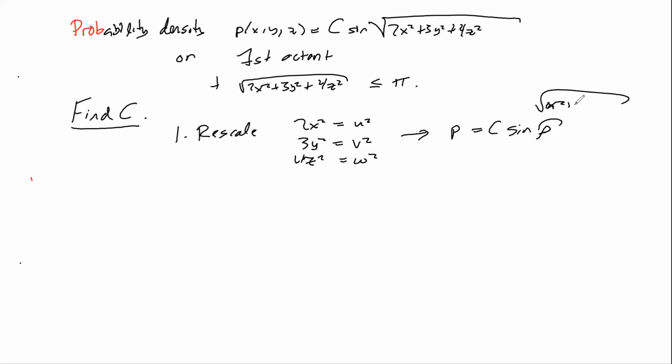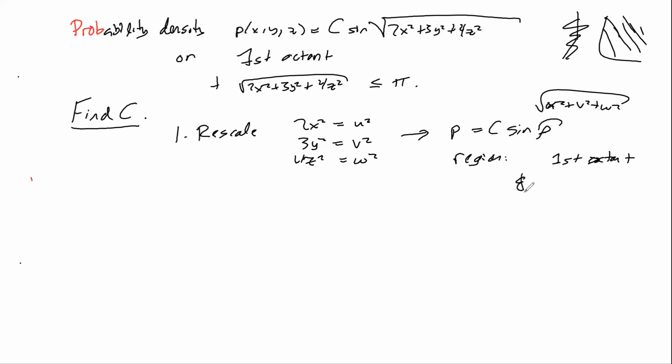So this is u squared, v squared, and w squared. And then the region, of course, is still the first octant. It's like the first quadrant. And our rho will be less than pi.